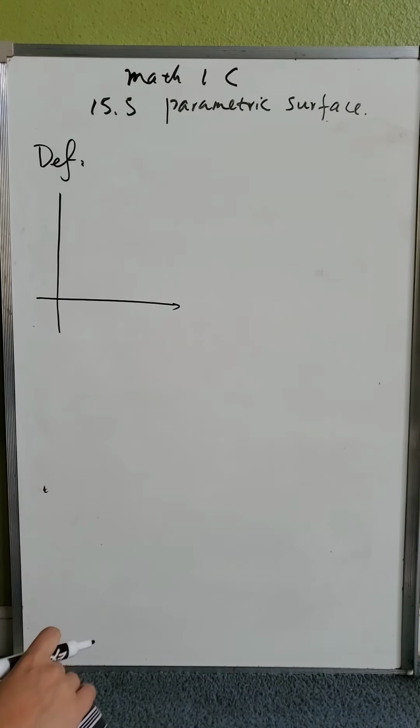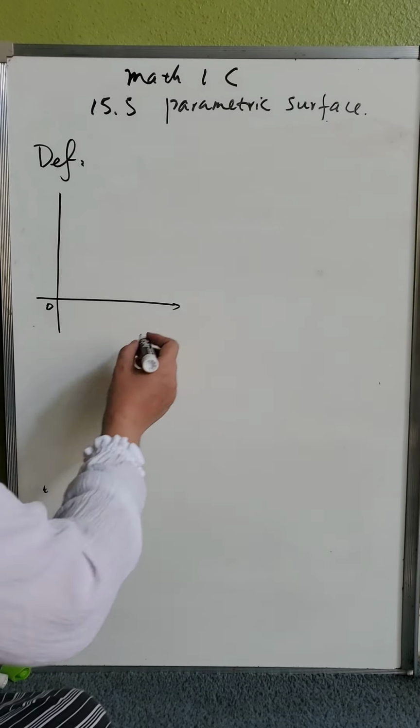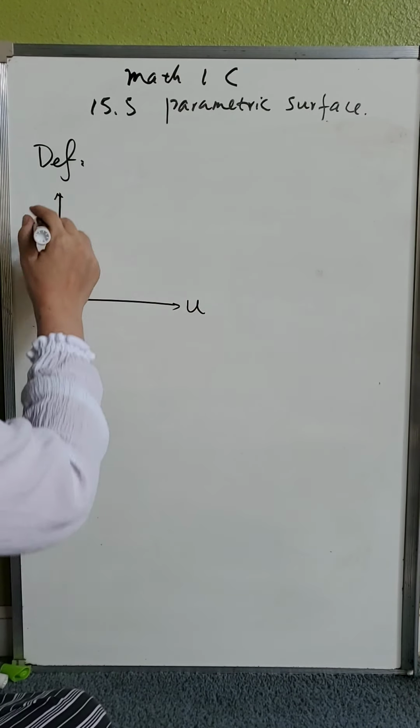Now remember in line integral we use t as a parameter, okay. In surface we have two, right? We have two, not just t itself. So therefore they use u and v, okay. Now it can be something else later on too, because it associates two parameters.